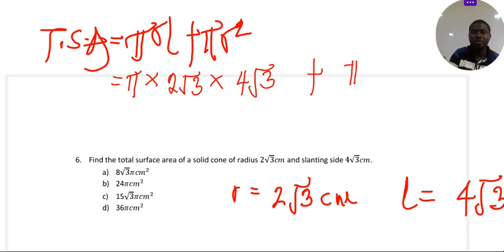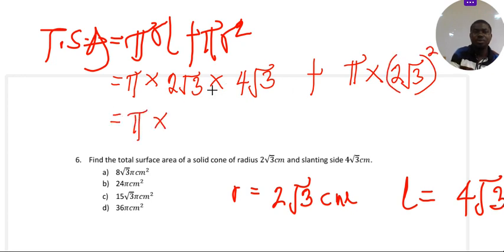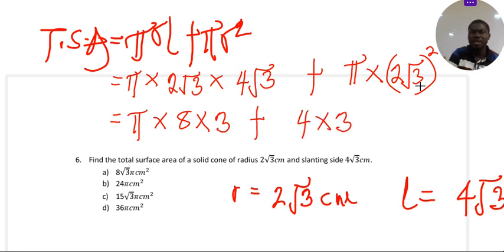plus pi times radius 2√3 squared. So we have pi, 2 times 4 is 8, root 3 times root 3 is square root of 9, which is 3, plus 2 squared is 4, root 3 times root 3 is 3, so 4 times 3 times pi.